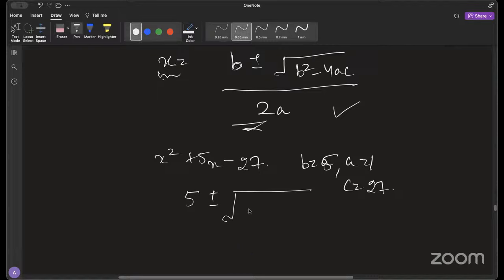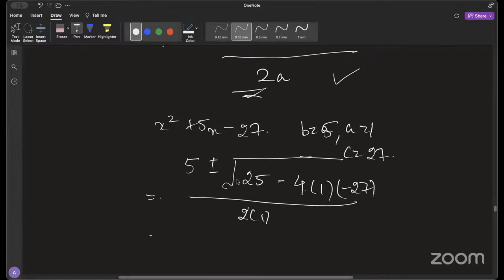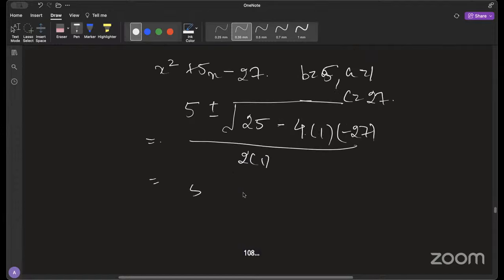We'll have b square, which is 25. Then we'll have minus 4 times a, which is 1, times c, which is 27, that is 108. All by 2 times 1. Minus 5 plus minus the square root of 25 minus 108.